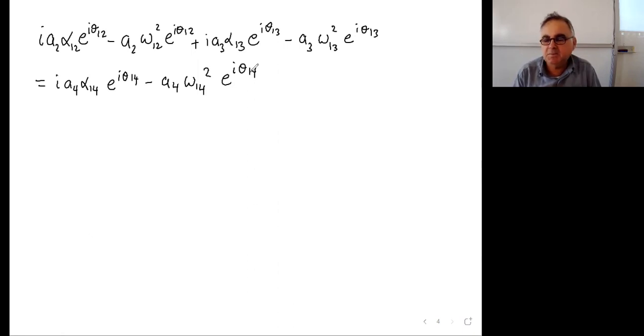That is, real and imaginary parts will give you equations for the x and y coordinates. In principle, it is possible, but if you want to do it, you spend a lot of time doing it.